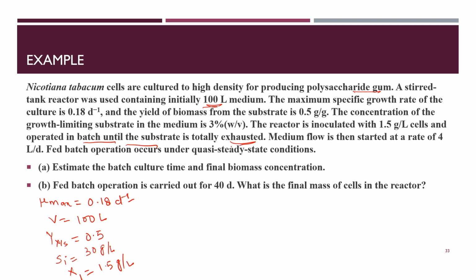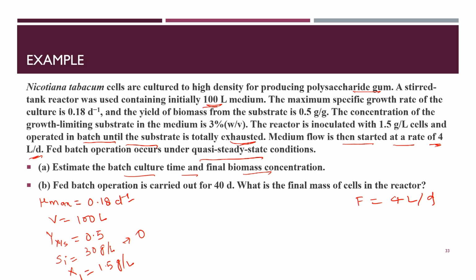So, first it is operated in batch mode, and once the substrate becomes 0, then media flow is started at a rate of 4 liter per day for the fed batch, and we are assuming the quasi steady state condition. The first question is related to the batch: calculate the batch culture time and final biomass concentration.